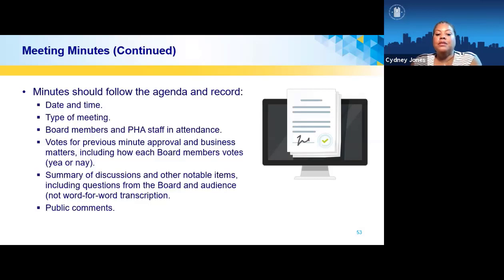Also, a summary of the discussions and other notable items, including questions from the board and the audience. Now, these don't have to be word for word transcriptions, but they should summarize the comments and speakers who were present at the meeting. You also want to maintain those public comments. So let's take a look at the next slide and let's sum it up.